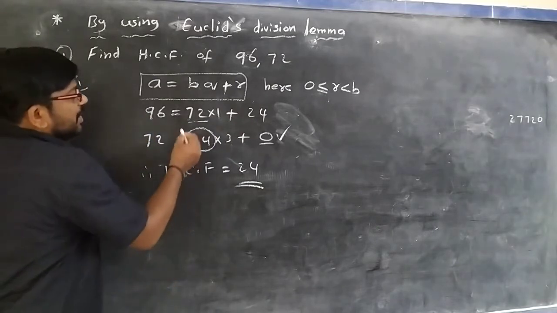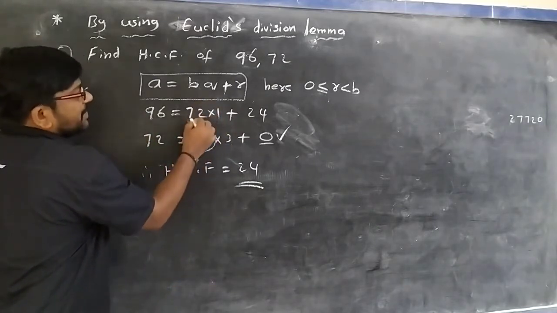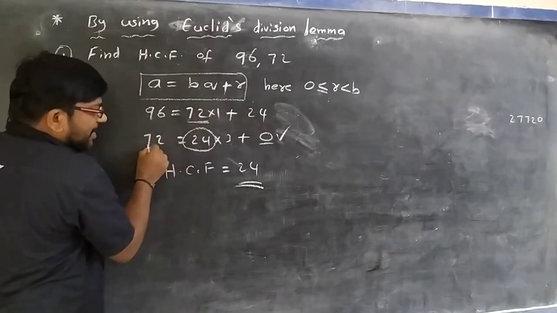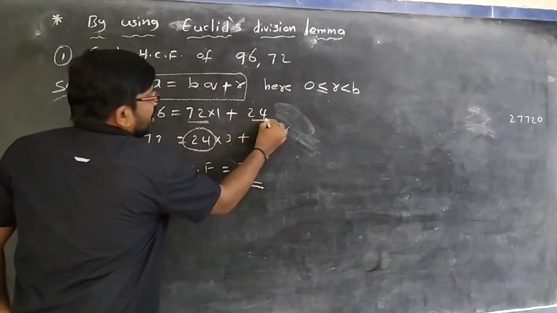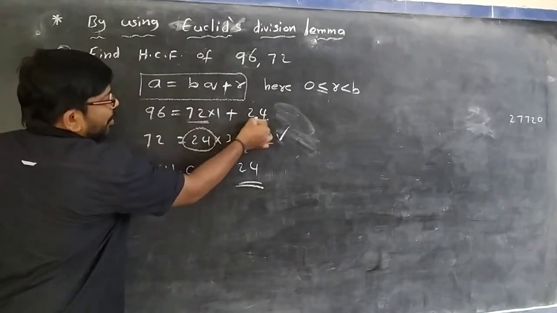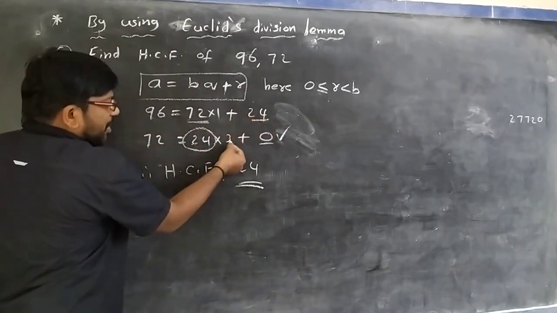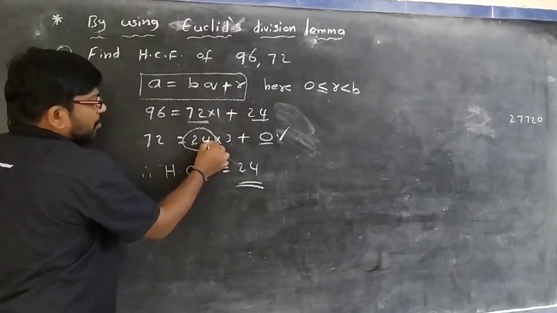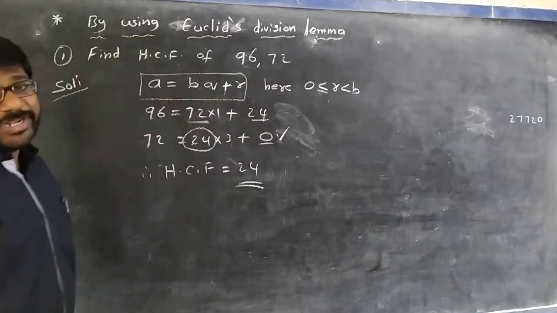Next step, the 72 in the previous step is taken as the dividend and the remainder is taken as the divisor, right? 72 can be written as 24 into 3, 24 3s are 72 plus remainder 0, right?